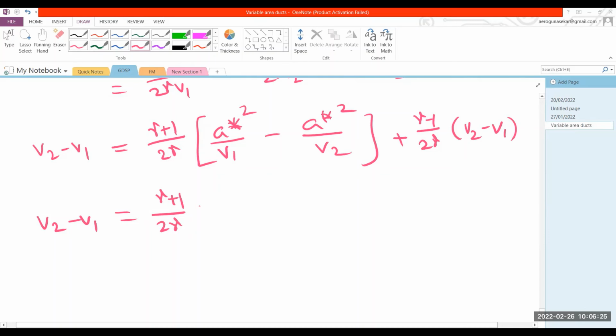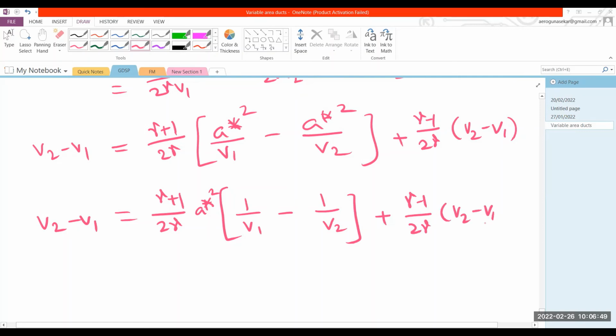Then I can take the A star square outside, and the remaining will be 1 by V1 minus 1 by V2, plus (gamma minus 1) by 2 into gamma into (V2 minus V1). So this can be further simplified.